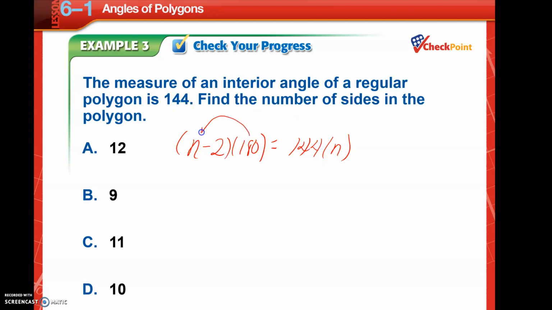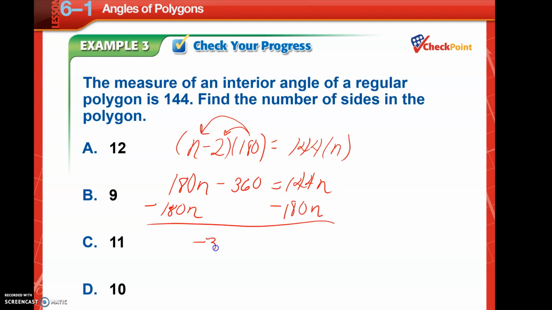And again, distribute this out, and I want you to notice that every time I distribute this out, I get this 360, and remember that as we continue on in this lesson when we talk about exterior angles, because you're going to see that 360 quite a bit in exterior angles.